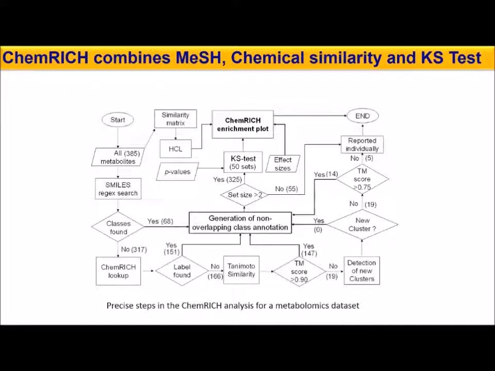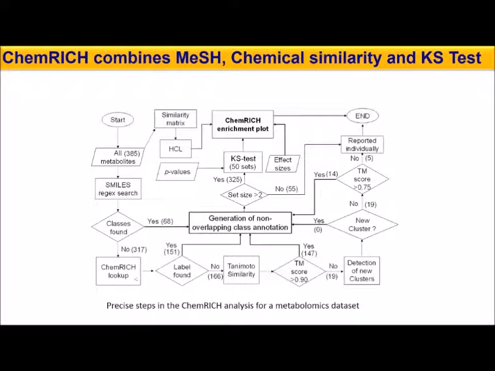This flowchart shows the precise steps in ChemRICH analysis for a metabolomic study. We start with parsing the SMILES code, and during the parsing we estimate some class labels just by the structure of the SMILES, and then we do the ChemRICH lookup. So the starting number is 385 compounds.